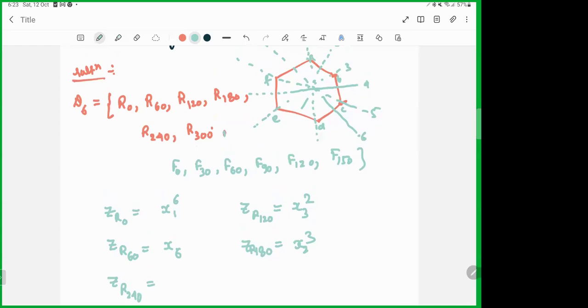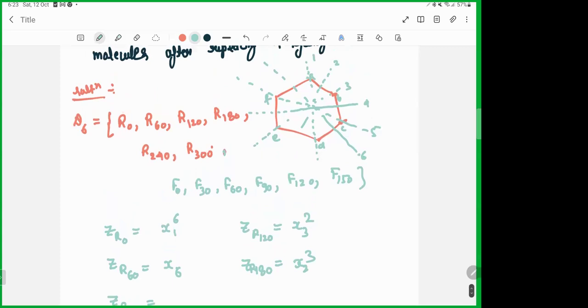So this is basically 240. So A will go to E, B will go to F, C will go to A, and D will go to B. Something is missing, we are doing something wrong.